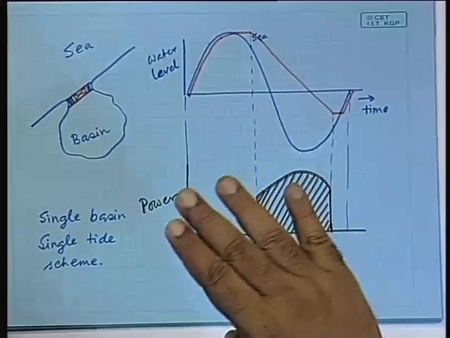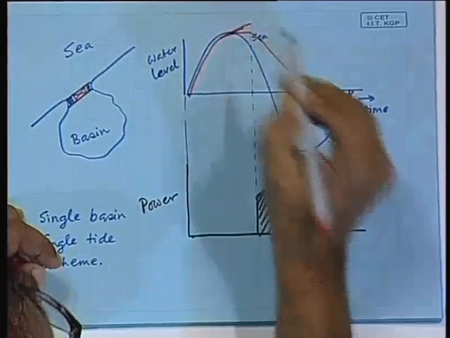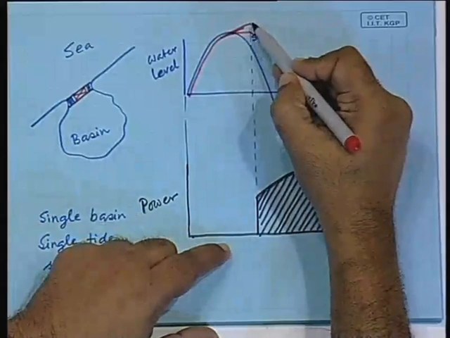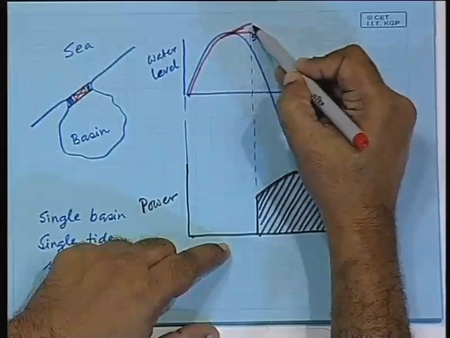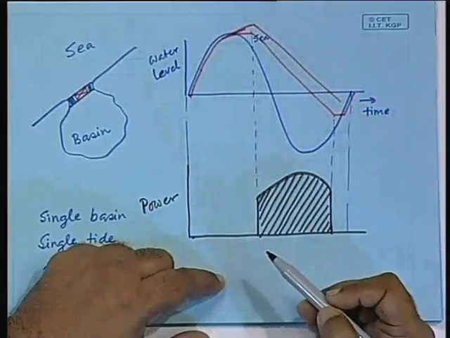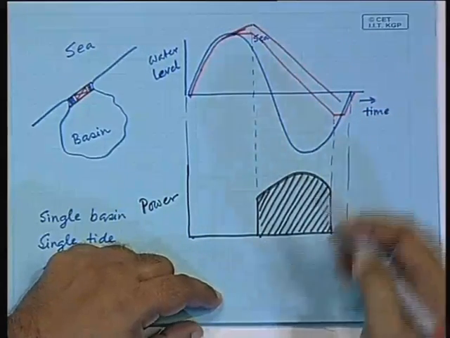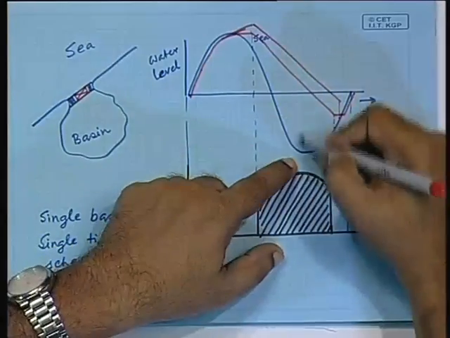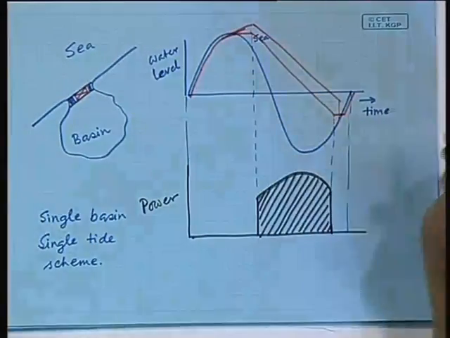When the head difference is very small, then you need very little power in order to pump, right? So that the basin water level goes up like this, and then at this time you get more amount of head available, and then it goes down like this, right? It can generate for a larger amount of time. Not only that, all the time it has more head available.